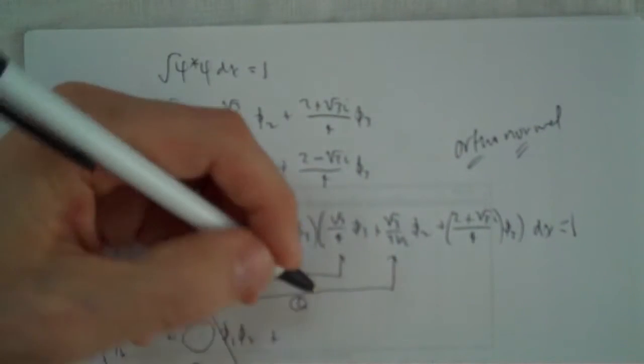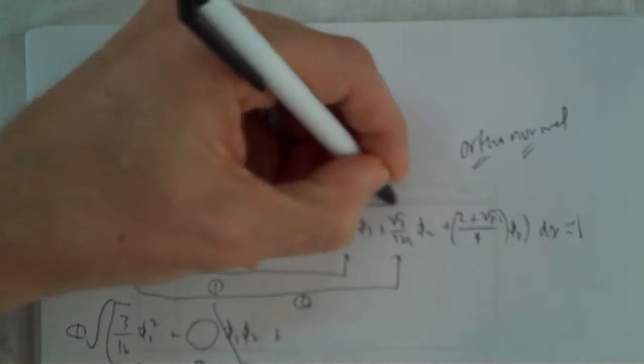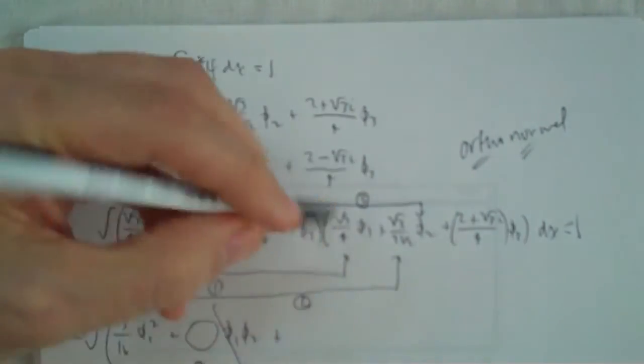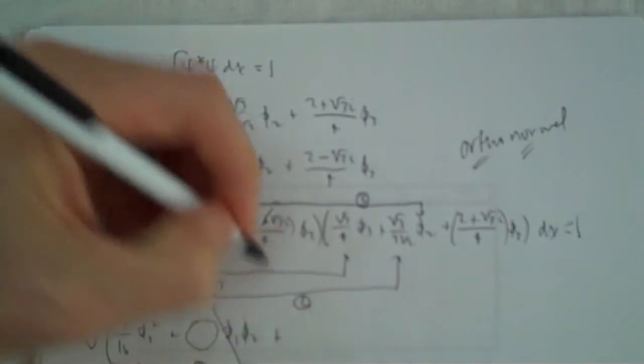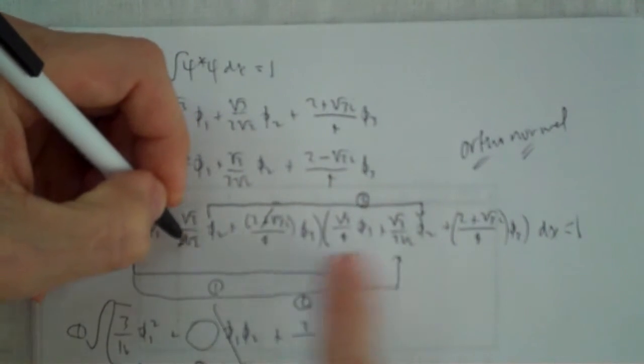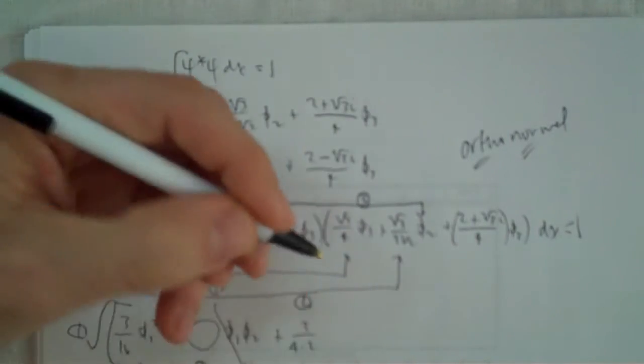So I'm going to say this is term 3. And term 3 is going to be root 3 times root 3 is 3. 2 root 2 times 2 root 2 is 4 times 2, right?